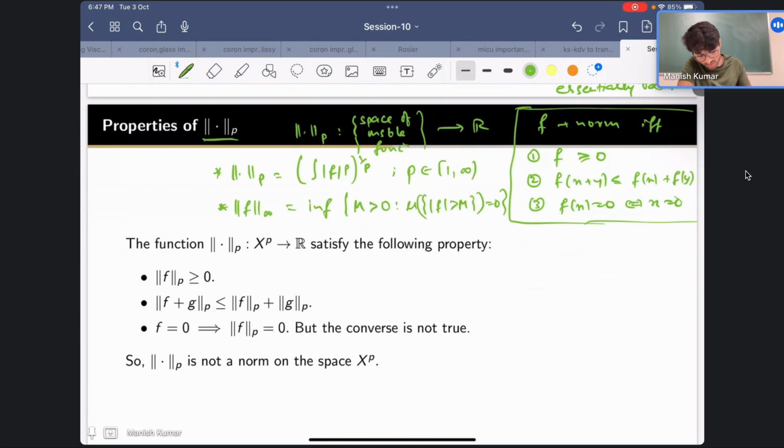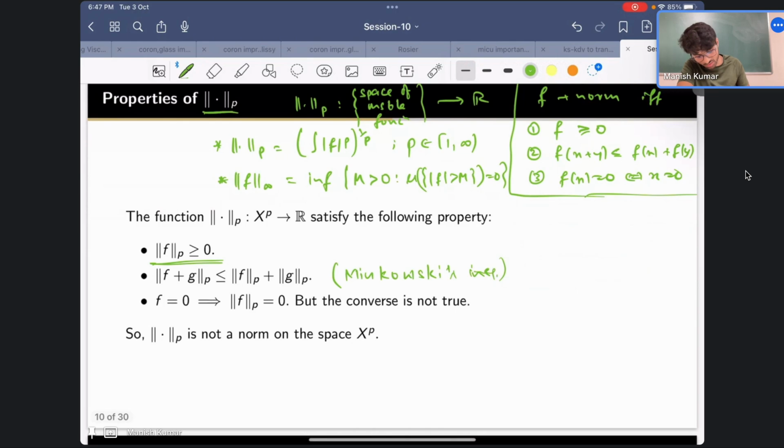So you can check that these are non-negative. This is just clear from here. This is by Minkowski. You have seen that. Minkowski's inequality tells you about this. And if the function is 0, then obviously this integral is 0 and this is also 0.